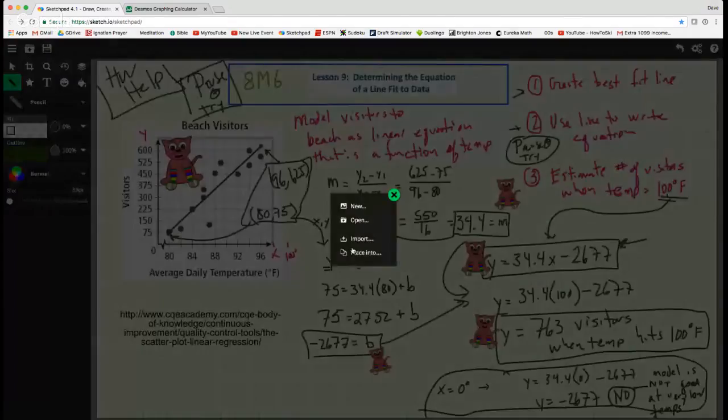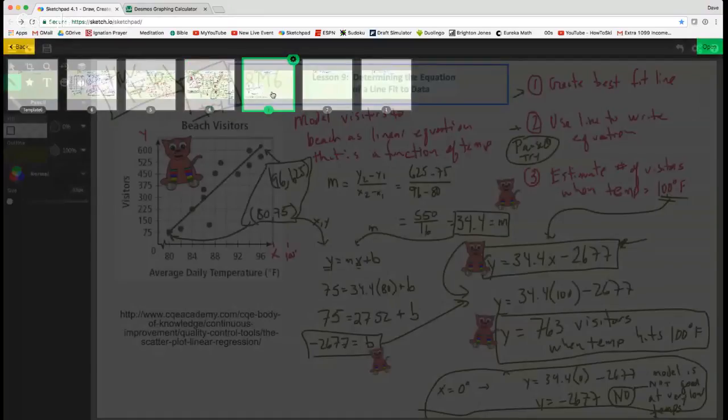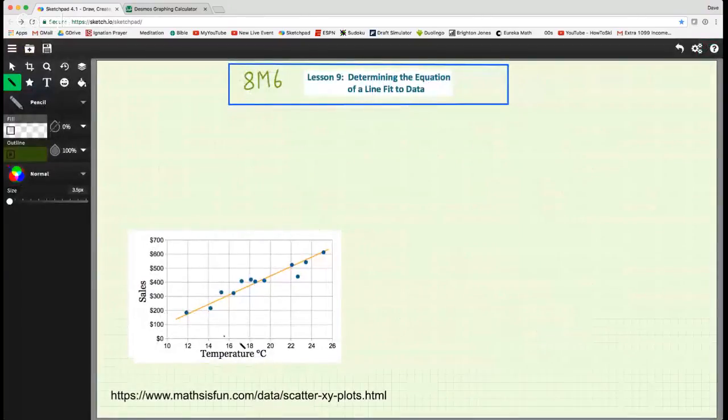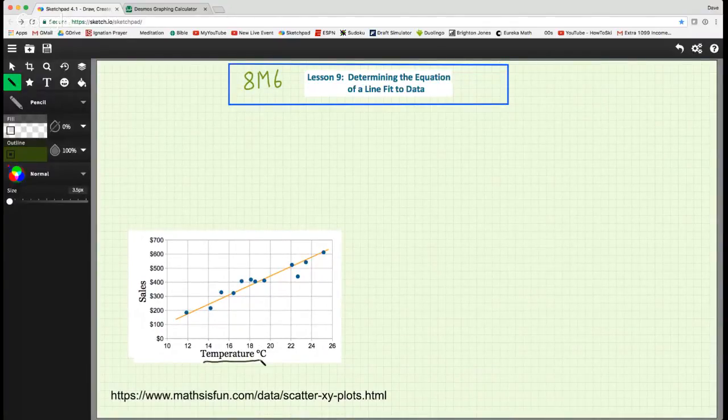Okay, let's do one more. And this one is similar. We're back at the beach. But notice this time we're talking about temperatures in degrees Celsius, not Fahrenheit. Okay, we're not really familiar with degrees Celsius in the United States, but if you're overseas, you're going to be very familiar with degrees Celsius and maybe less with Fahrenheit.